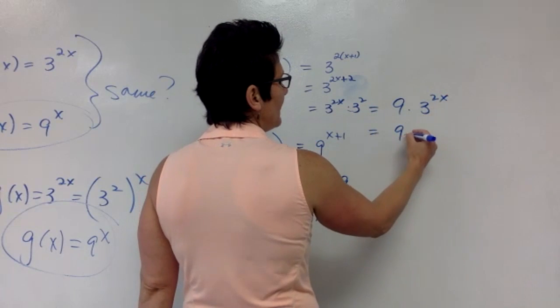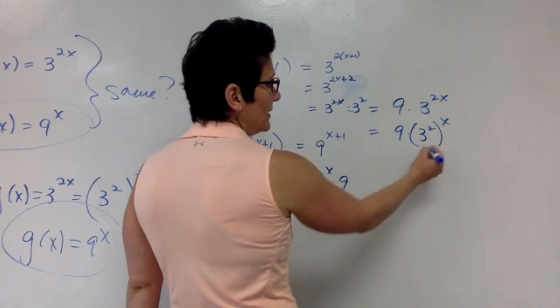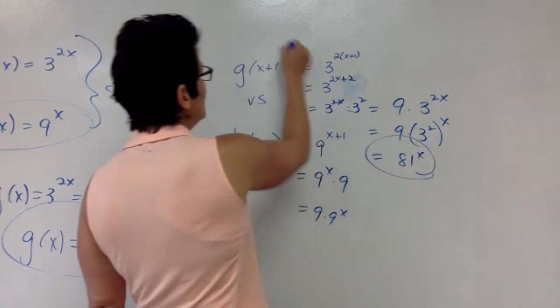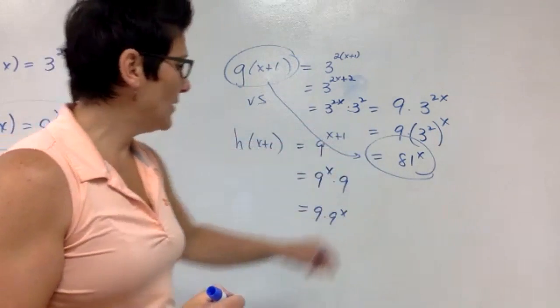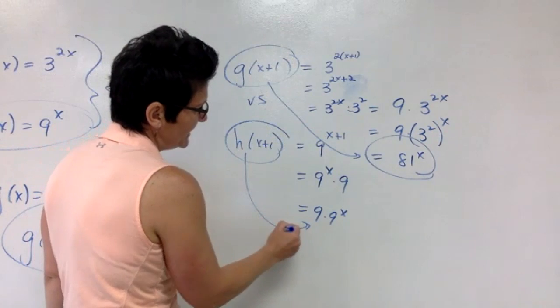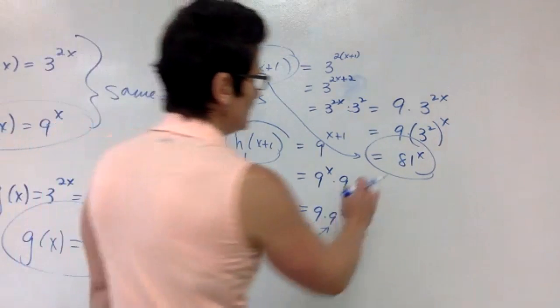And again, you can take the 3 squared to the x power, so that becomes a 9, so this winds up being 81 to the x power. So when you do g of x plus 1, it gives you 81 to the x power versus h of x plus 1, which is 9 times 9 to the x power. No, hold on, I'm wrong.